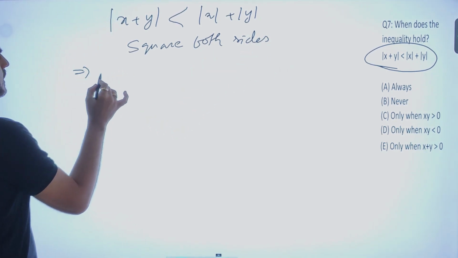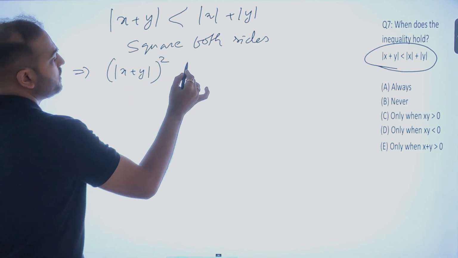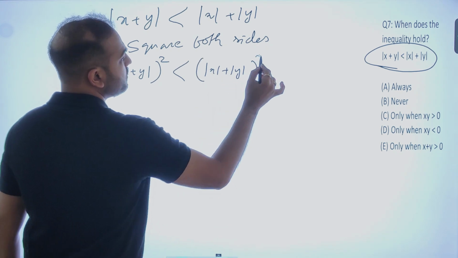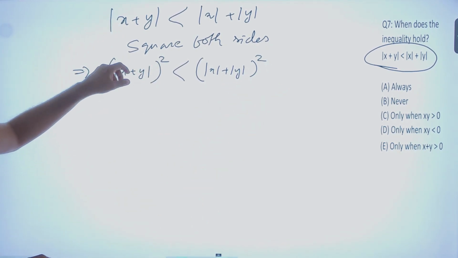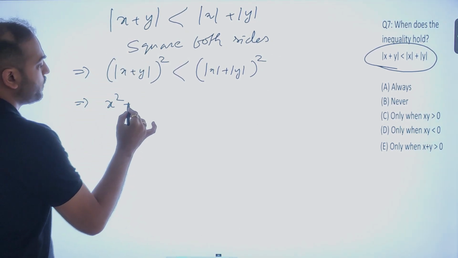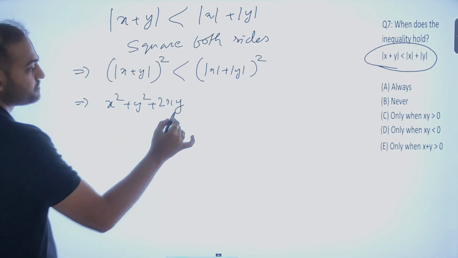Okay, so I will get modulus x plus y the whole square less than mod x plus mod y the whole square. What will happen? The square will come inside, take away the mod, this will become x square plus y square plus 2xy.